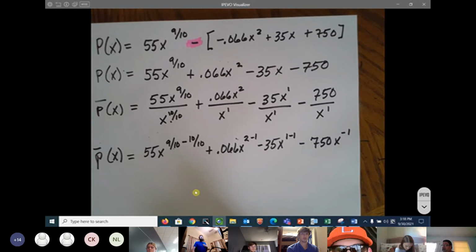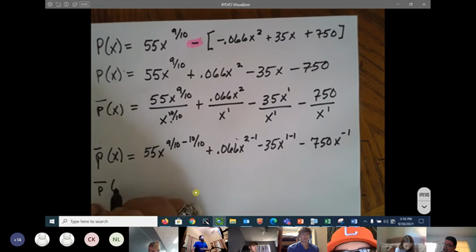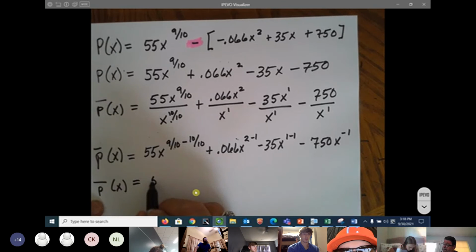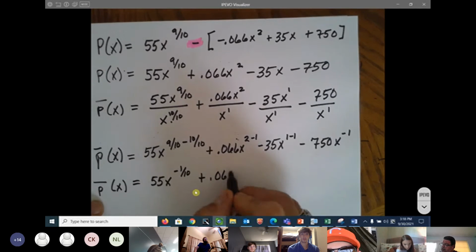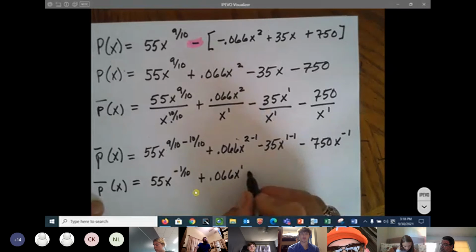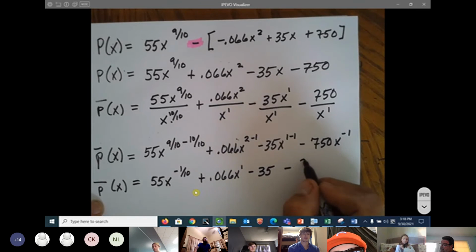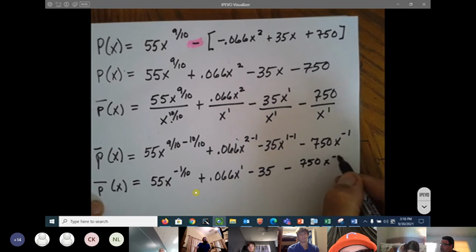Oh, and just to let y'all know, we haven't done any calculus yet. P hat, or P line, whatever, is equal to 55 X to the negative 1/10 plus 0.066 X to the first minus 35 minus 750 over X, or X to the negative 1.